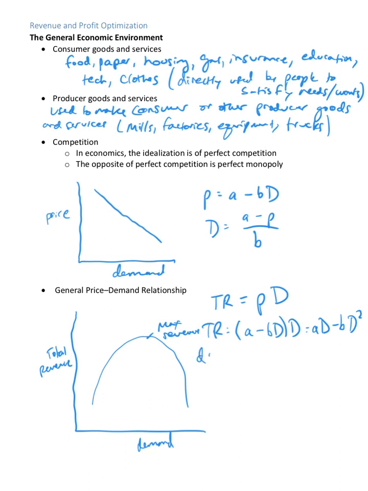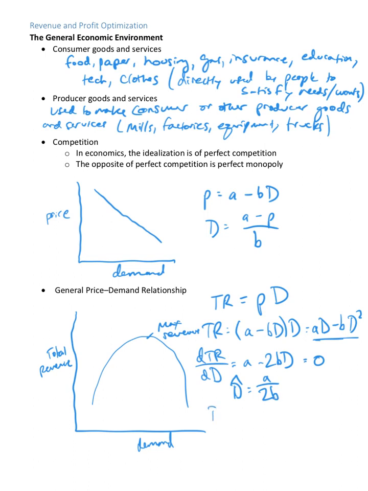So we'd say dTR/dD is equal to, and now we're taking the derivative of this function with respect to D, and we get a minus 2bD, and we're going to set that equal to 0. And we can solve for the D that makes this so. We're going to call it D hat, a over 2b.